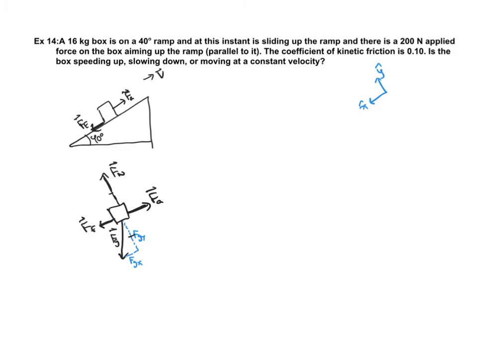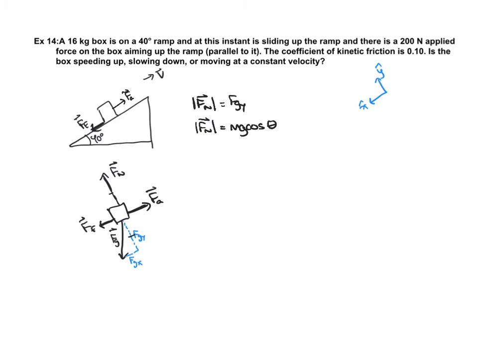Okay, in terms of equations, the y direction allows me to say that the normal force equals the y component of gravity, or the normal force equals mg cosine of theta.